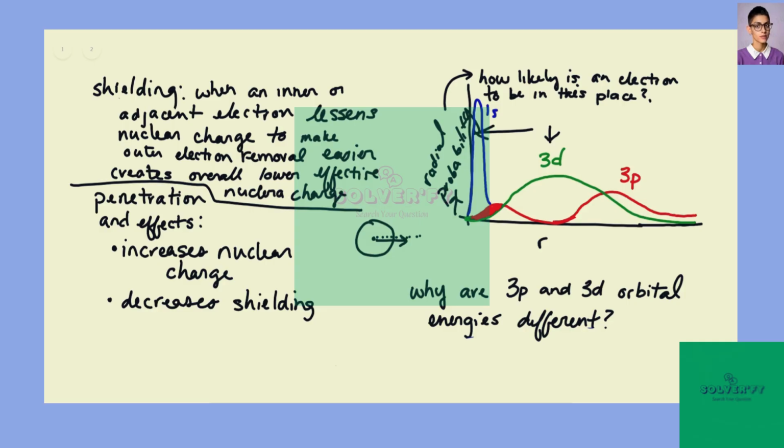So the 1s is in there. The 2s is going to be in here. The 2s and the 2p. And so all it takes is this little bit to be inside in order to decrease that shielding.